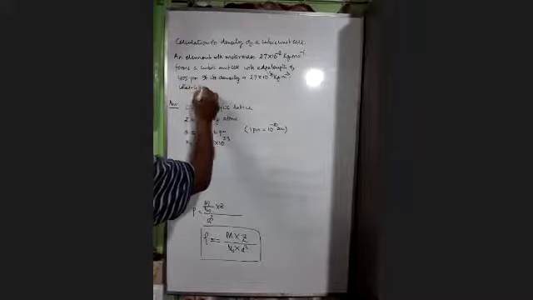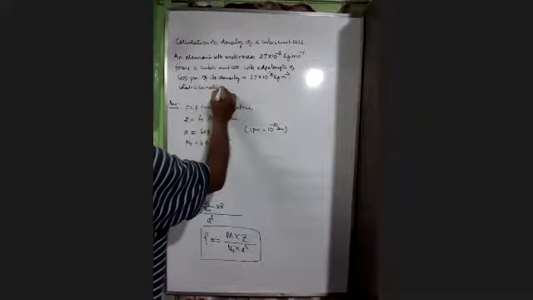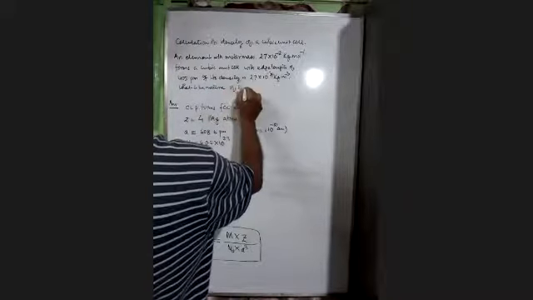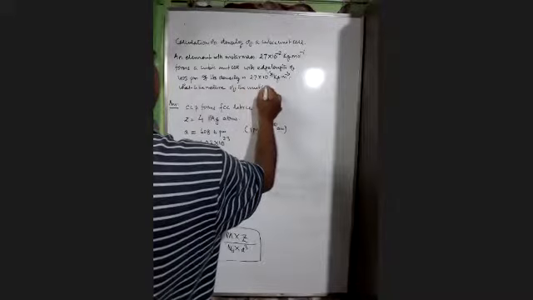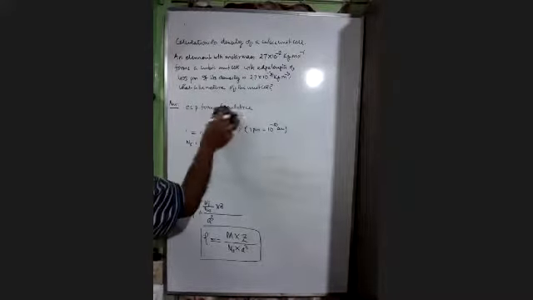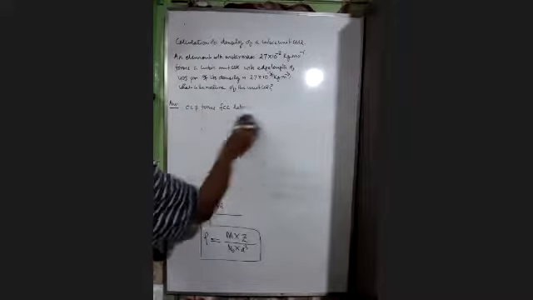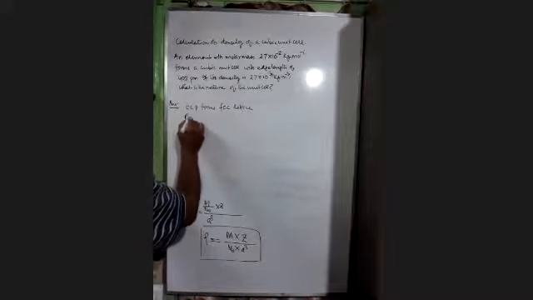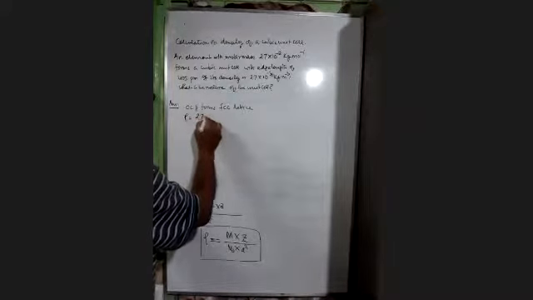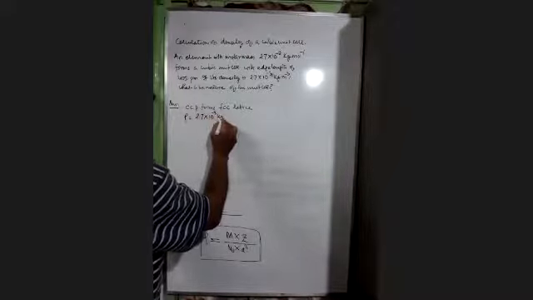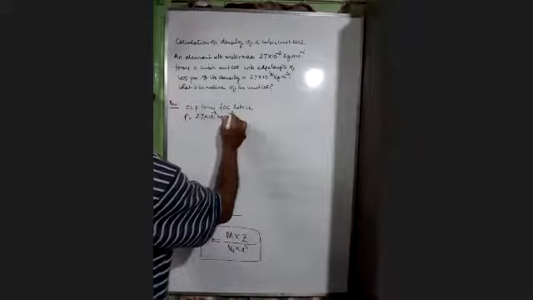What is the nature of the unit cell? See here, in this case, just to confuse you, they have given it in kg. No problem. Density is 2.7 into 10 to the power 3 kg meter cube.